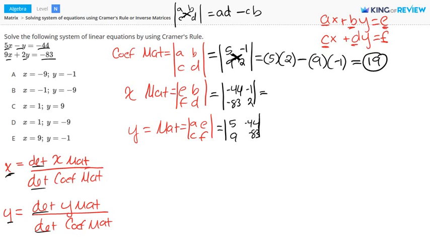Now for the determinant of the x matrix, we have the product of the main diagonal, so -44 times 2, minus the product of the entries in the other diagonal, -83 times -1. And when we work this out, we get -171.